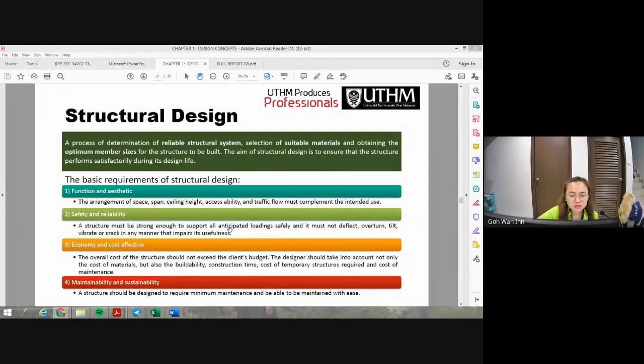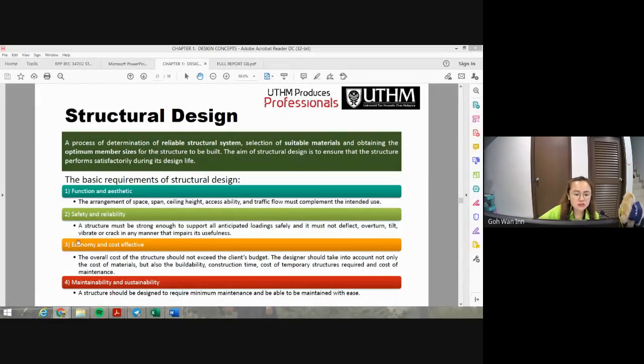You must make sure of the design, because we are the engineer, the designer. The structure we design must not deflect, overturn, tilt, vibrate, or crack in any manner. Otherwise, if cracking happens, it will break the serviceability limit state.